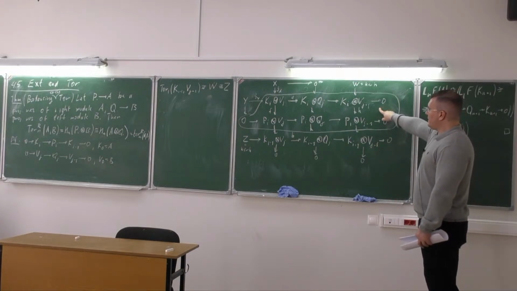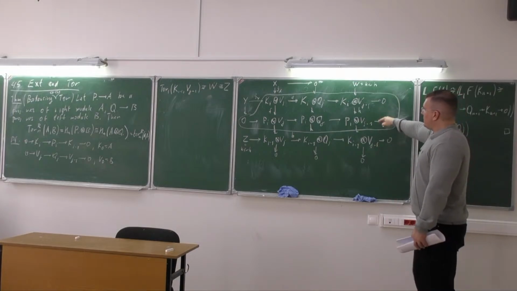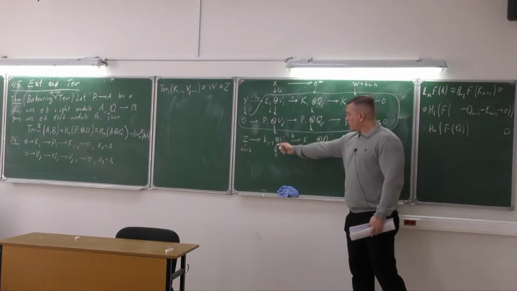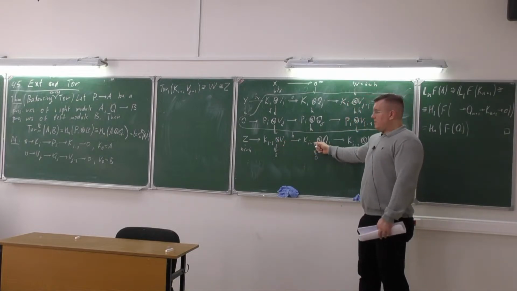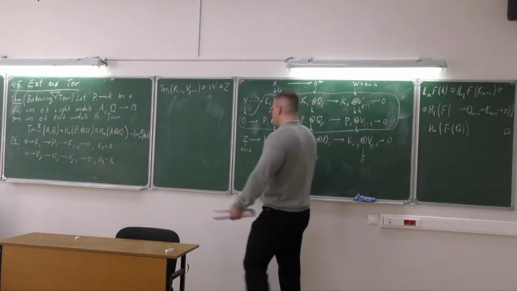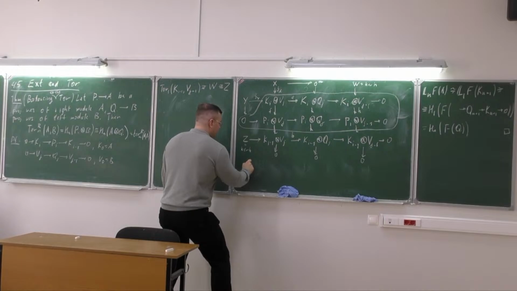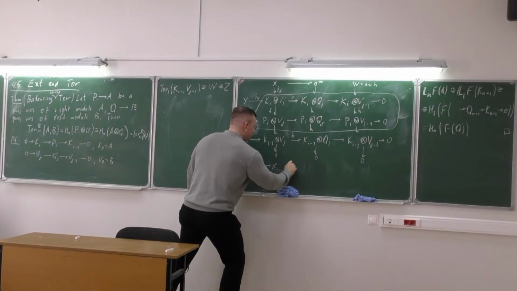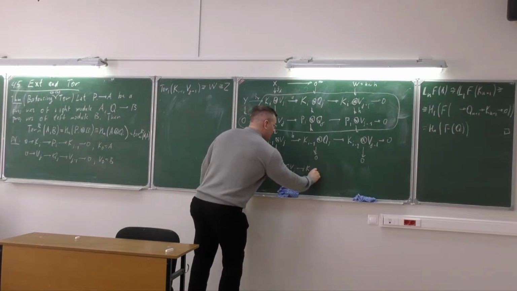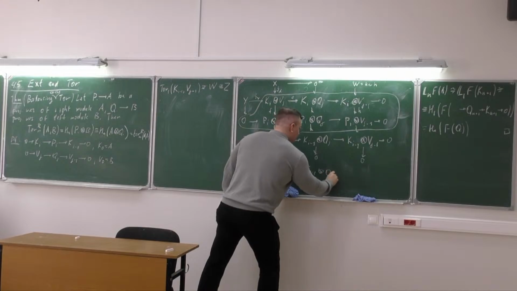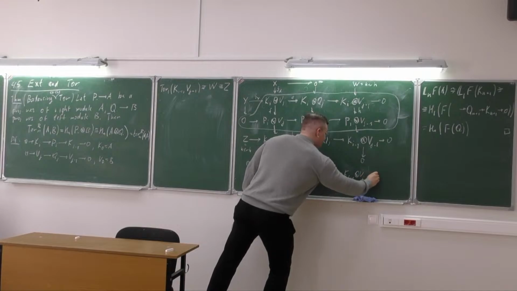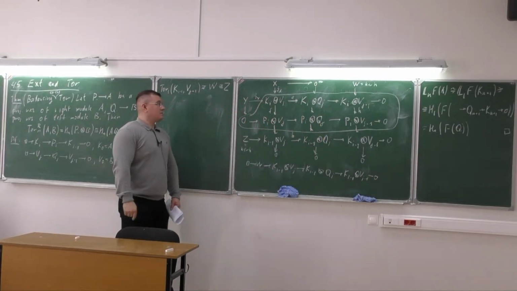Applying the snake lemma, since you have 0 here, you have this kernel, and this is mapped to the corresponding cokernel, so the cokernel is here and here. Maybe it will be easier to see if I just write this. The snake lemma tells you that you have W, and then you have k_(i-1) tensor product with V_j, k_(i-1) tensor product with Q_j, and k_(i-1) tensor product with V_(j-1). So that's the snake lemma for this diagram.